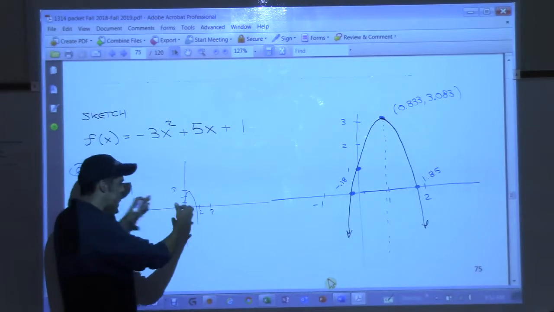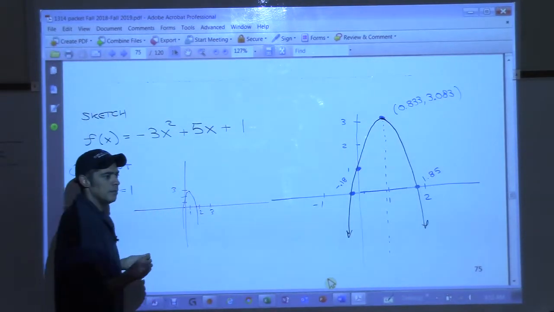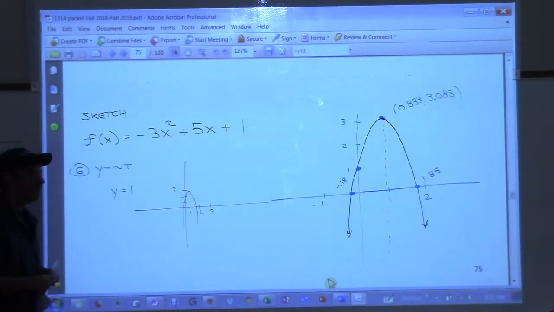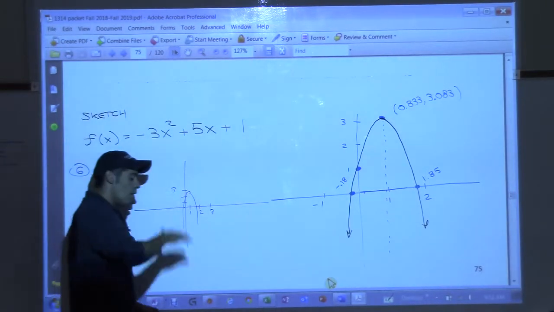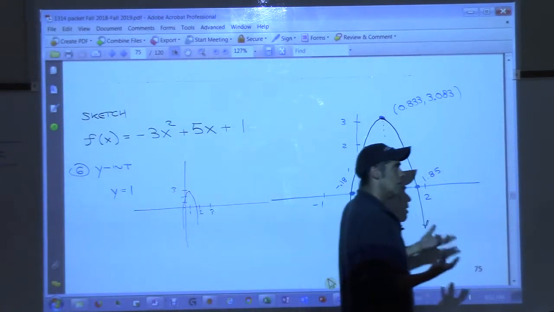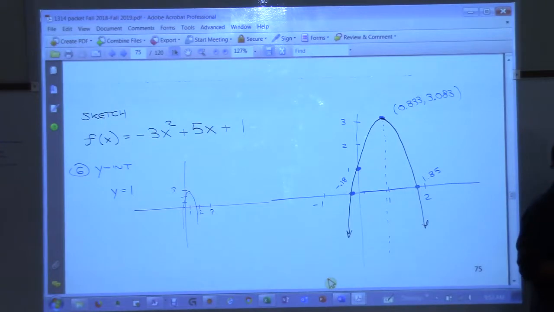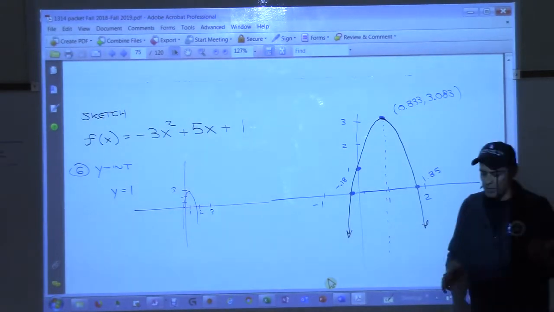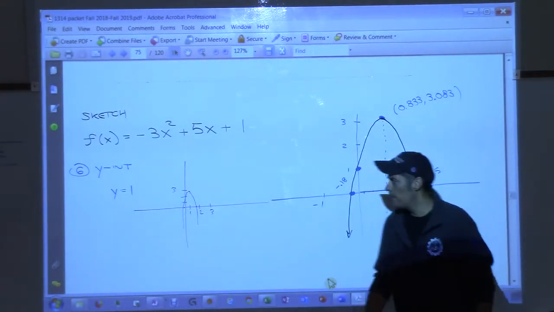Zoom in on that a little bit so I can see more detail. If you get all the work right but your drawing's off, you'll probably lose about 3 points out of 10. So you'll still pass the problem, but part of this is the drawing also. Does that answer your question, Frank? Okay. Just do your best. Practice with the homework. You'll get better at it.